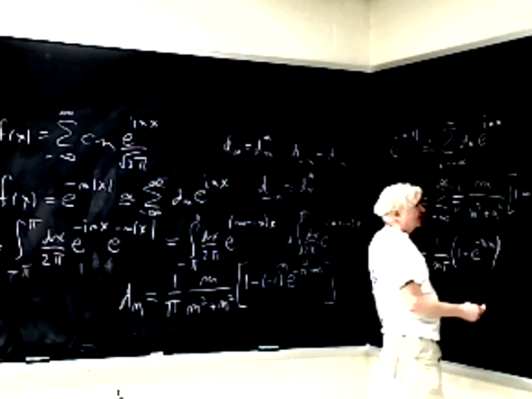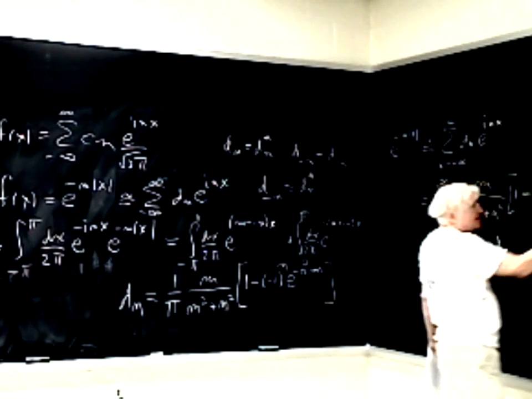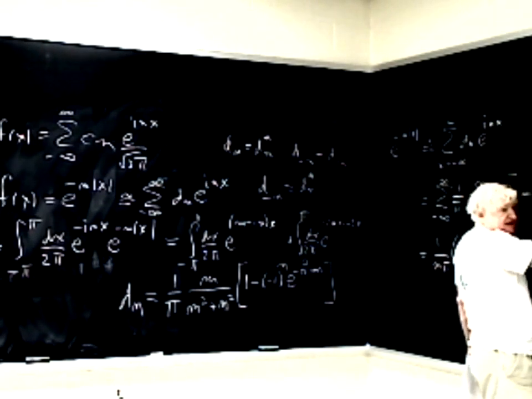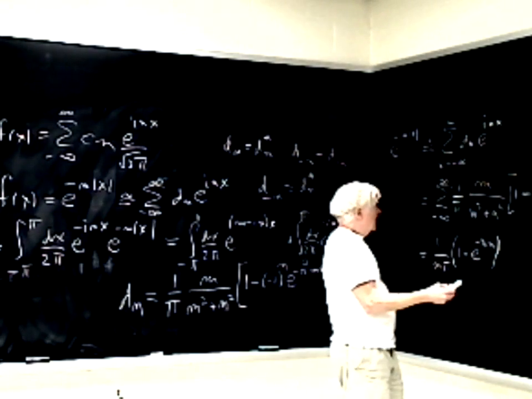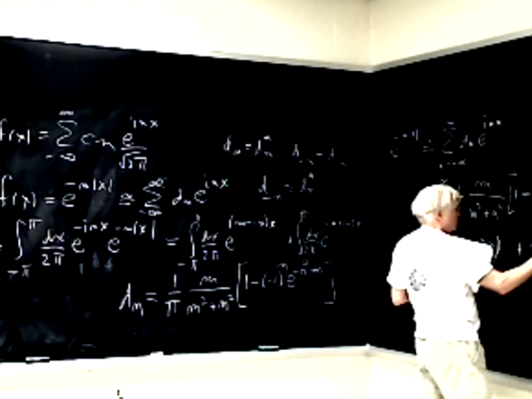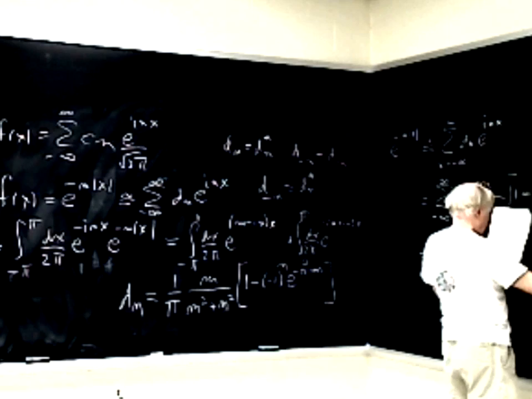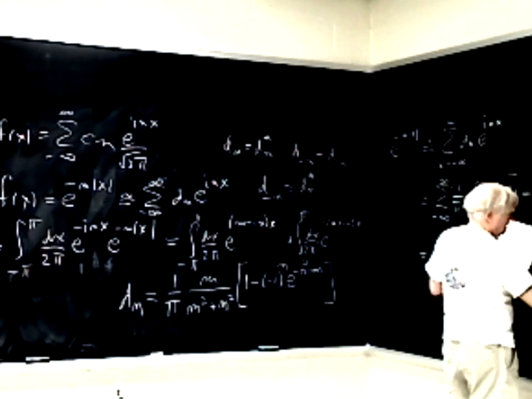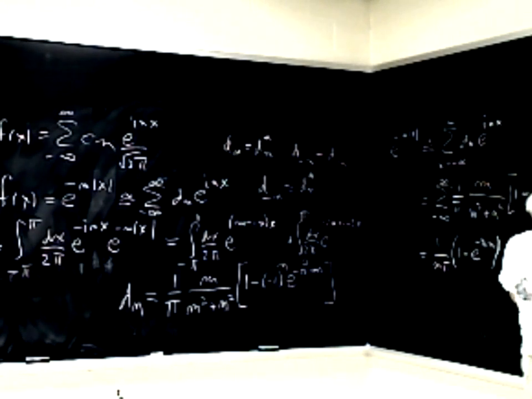And for the rest of them, since d n is equal to d minus n, e to the i n x and e to the minus i n x have the same coefficient d sub n. And so that gives you a cosine. And so this is equal to plus 2 times the sum n equals 1 to infinity of 1 over pi m over m squared plus n squared, again these funny coefficients, minus 1 to the n, e to the minus pi m cosine of n x.